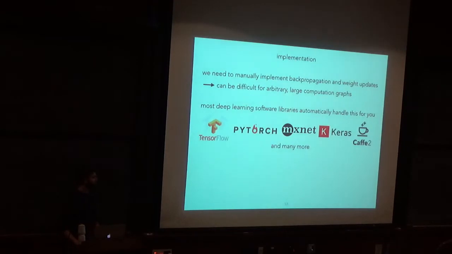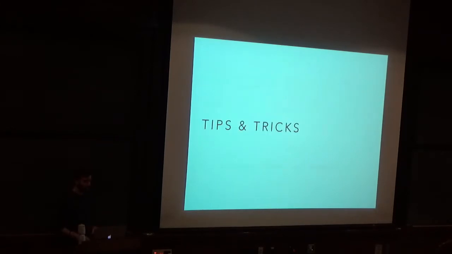There's a ton of software libraries out there, and they more or less all implement the same low-level functionalities. In all of these settings, you're just building a computational graph, defining the loss, and then everything else gets taken care of for you in terms of calculating gradients.